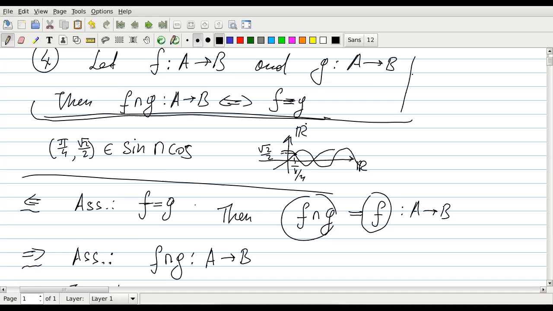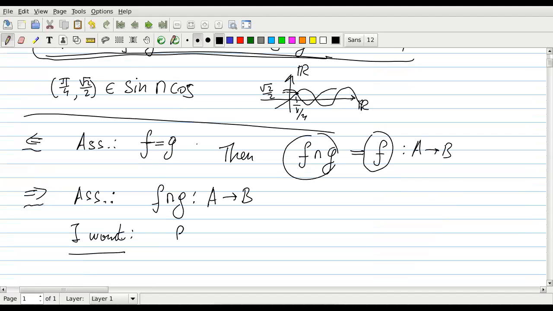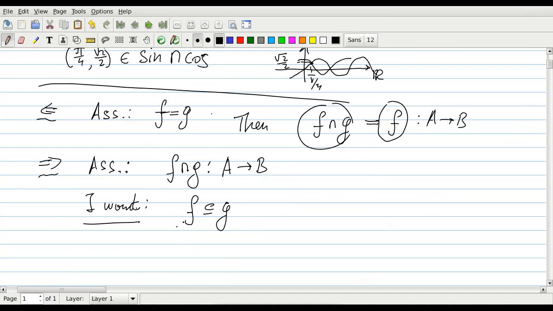That they are subsets of each other. Of course. So our problem is, of course, highly symmetric. So it's enough to prove that f is a subset of g. For the opposite direction, it's quite clear that the same way we may prove that g is a subset of f. But what is the general method for proving that one set is a subset of another one?